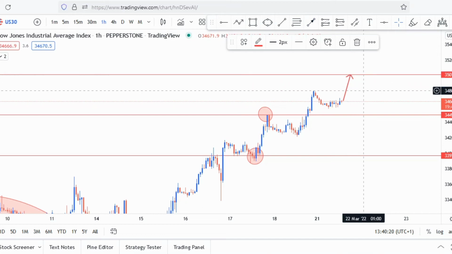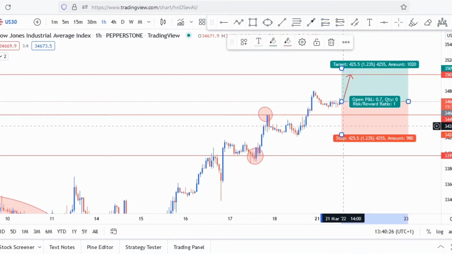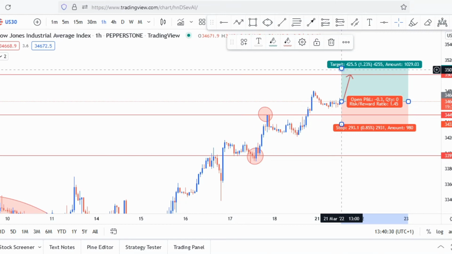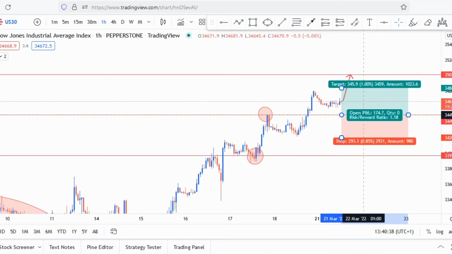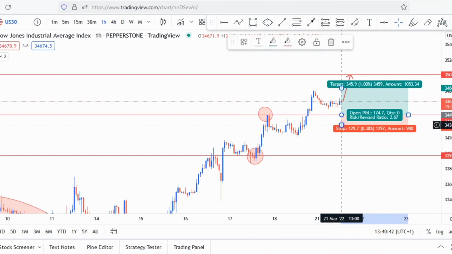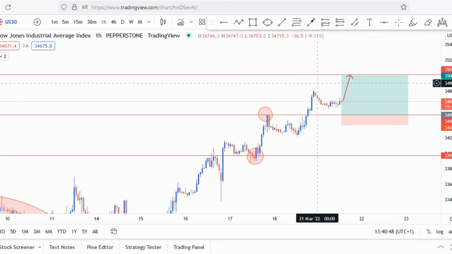But then again, your risk to reward ratio will be very small. So if you enter your trades here immediately, you'd probably be putting your stop loss here, and your take profit maybe here or even at the next area. So it's more or less a 1:1 risk to reward ratio. Compared to when you put your entry somewhere there and your risk is a little bit smaller just there as well, then you'll be looking at a 1:3, 1:4 risk to reward ratio.